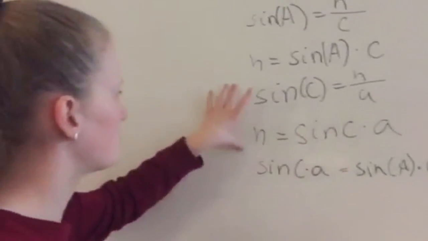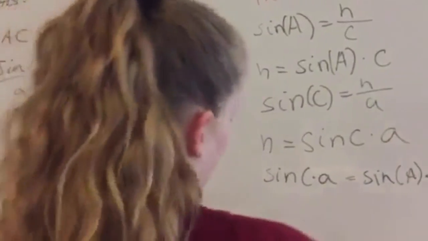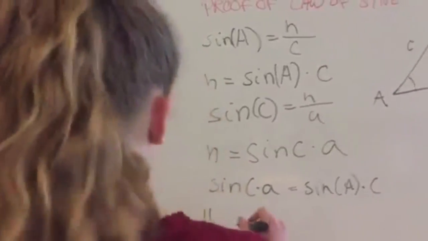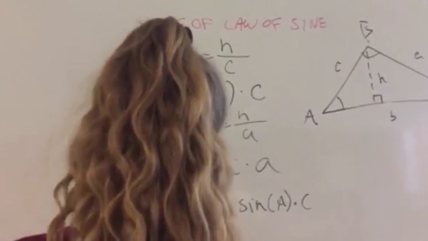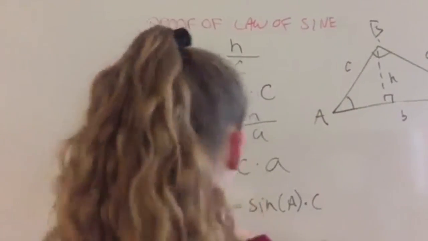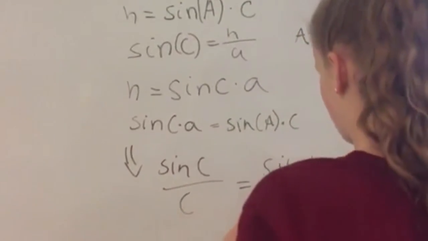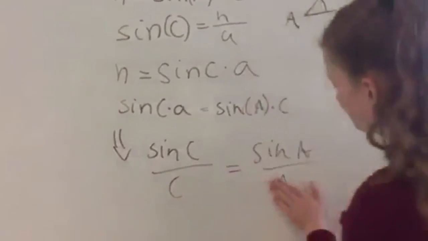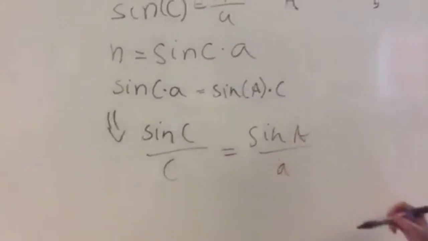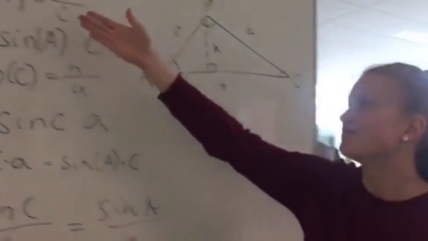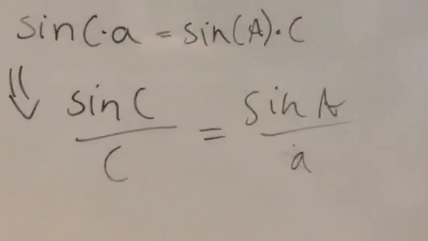What we did was we got rid of h, because it was the same, and then we can continue on and say sine C divided by c equals sine A divided by a. And then we have proved the law of sine. Proven?